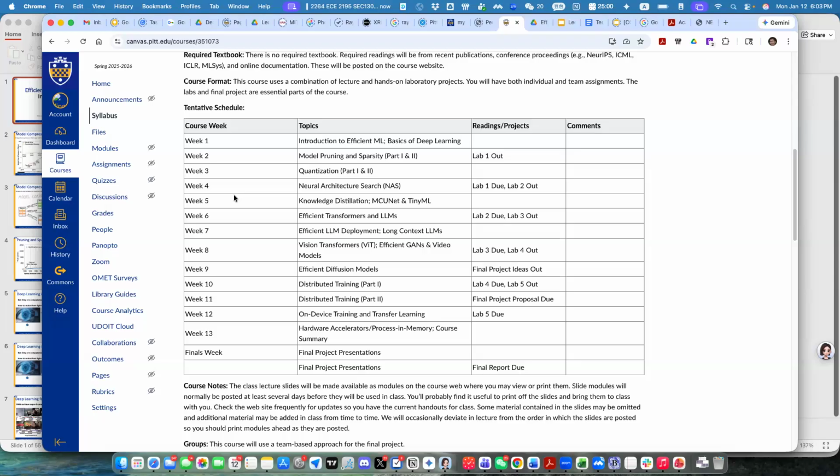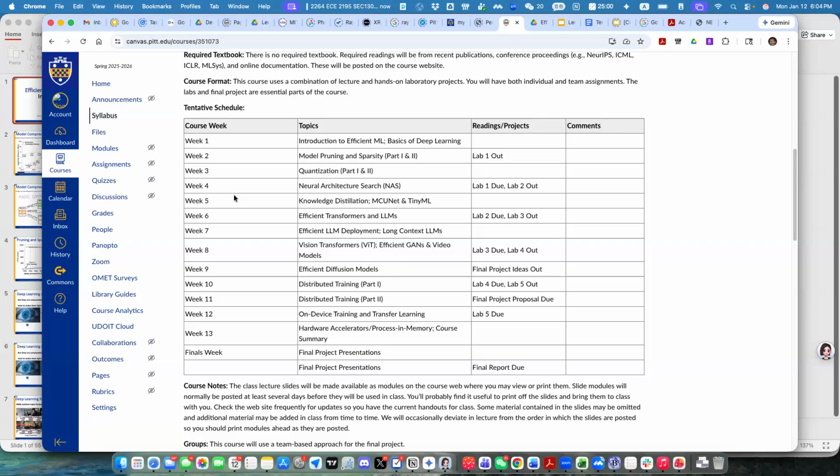In today's class, I'm going to give an overview introduction of this class. I'm going to talk about the basics of deep learning, and then go over mostly model compression techniques, including pruning, quantization, and neural architecture search. I'm also going to talk about distillation and TinyML. Basically, it's about how to fit large models into smaller devices. I'm also going to talk about attention, transformers, and then large language models.